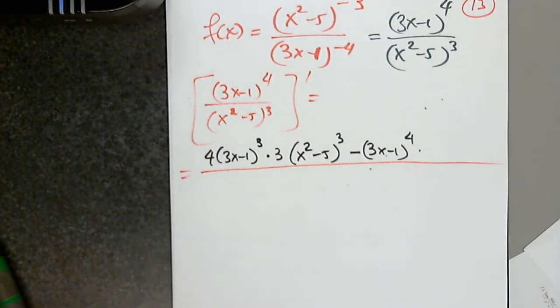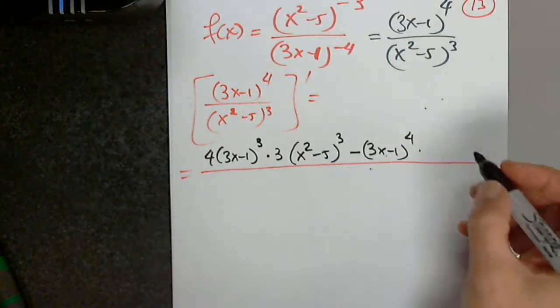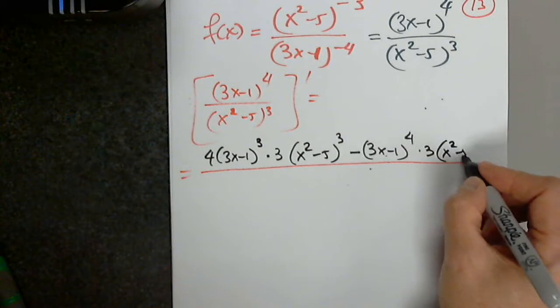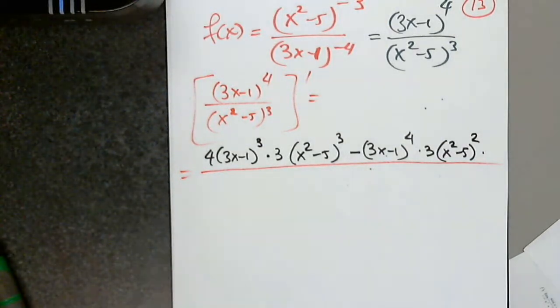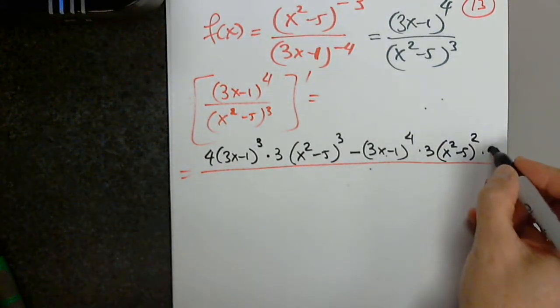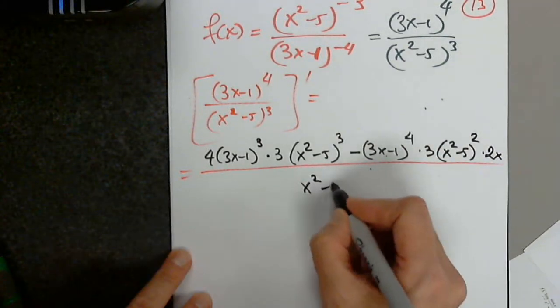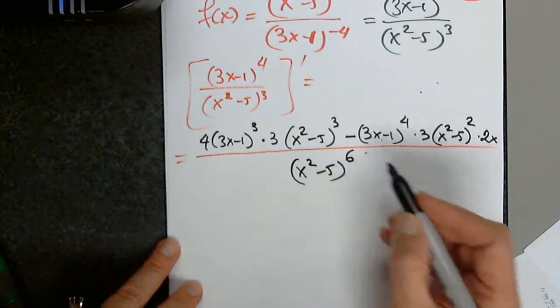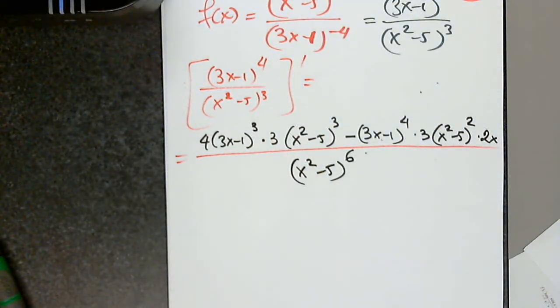Can anyone give us a denominator prime? Very good. To the second power times. I would have stopped if that quantity would have been x, but I can't stop. I have to continue with, very good, over x squared minus 5 to the, exactly, 6th power.